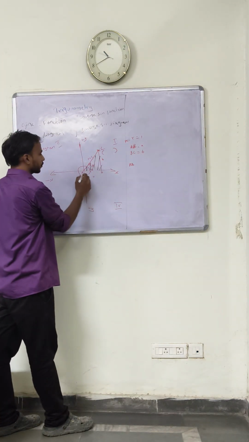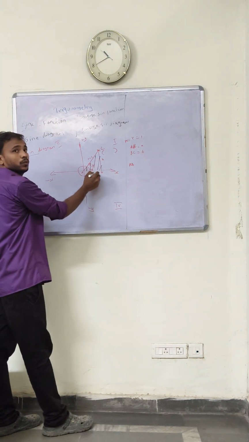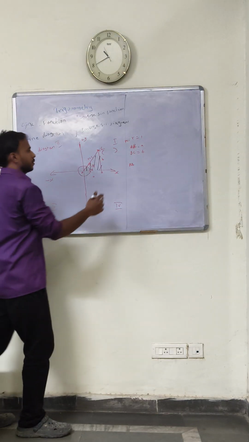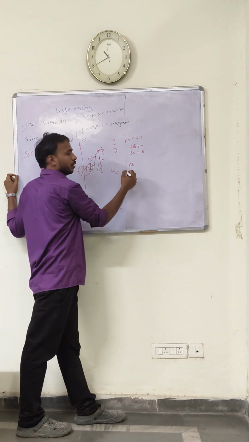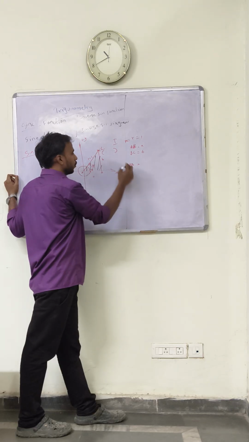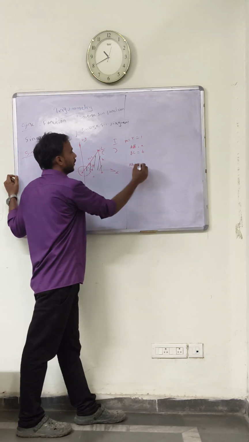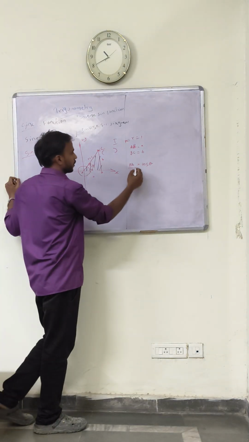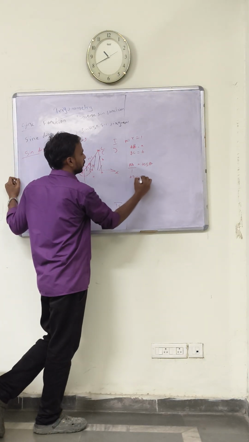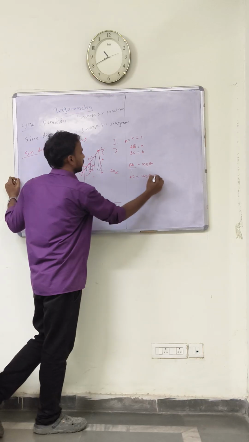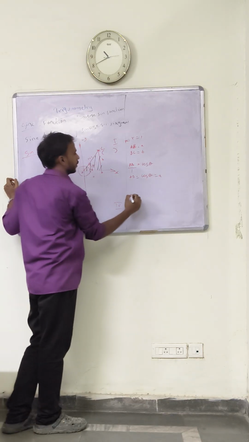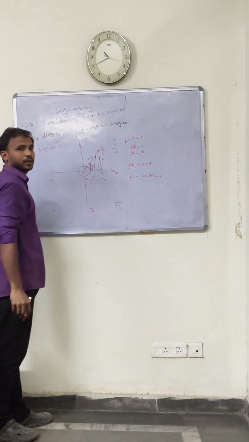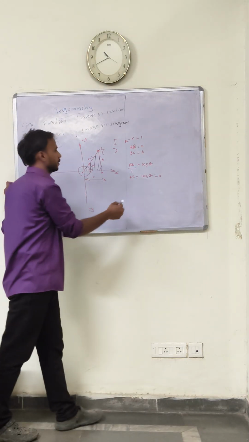AB is adjacent to theta. So now you want to identify the adjacent side. You know only the hypotenuse, so you have to apply cos theta. So cos theta is equal to AB, say AB equal to cos theta, which is equal to small a. That is the x distance, right? So that is the x distance.